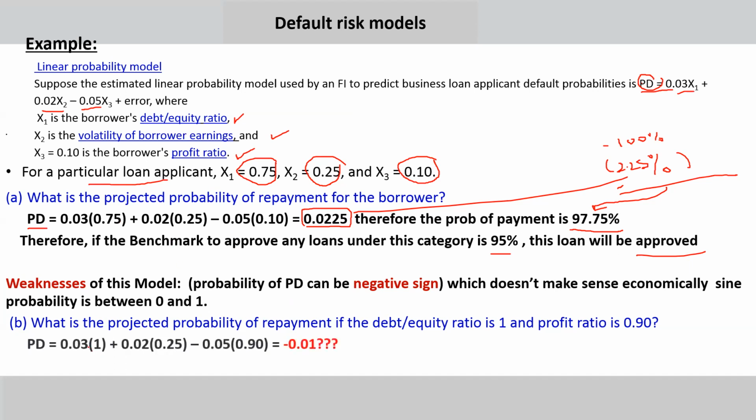Look at this, for example. If the debt equity ratio is 1, and the profit ratio is 90%, then in this case you can calculate this one again.